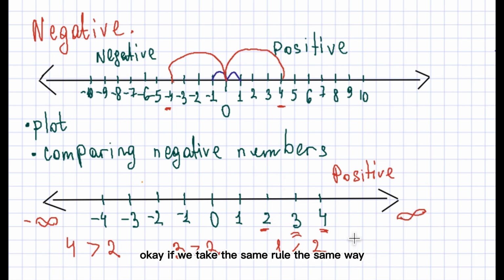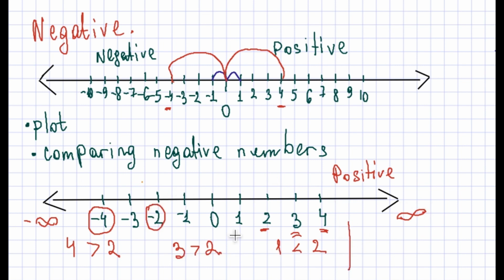Okay, if we take the same rule the same way, let us compare -4 with -2. What we see, guys, which of these numbers is nearer to positive infinity? Of course, it is -2.